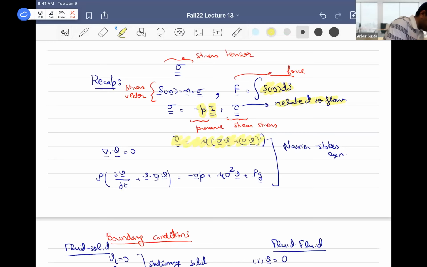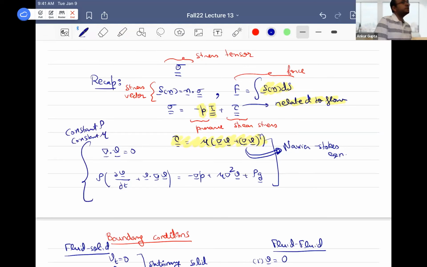If we substitute this in the Cauchy momentum equation, we get the Navier-Stokes equation, and combined with continuity, this is our governing set of equations. Remember that this is only true for constant rho, constant mu. So if your viscosity or density is changing, please do not use these equations. Especially if somebody is working with polymers or non-Newtonian fluids, like biological fluids, which are often non-Newtonian, you will not be able to use this. So just remember that.